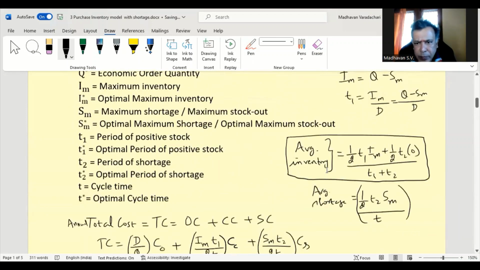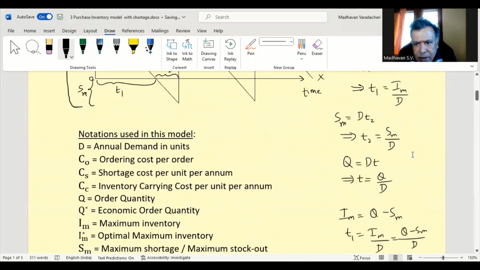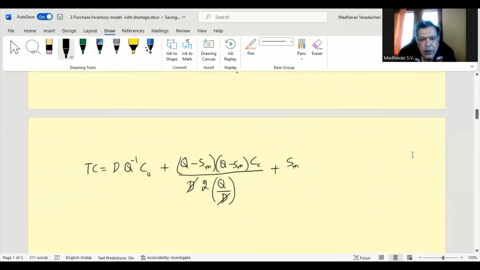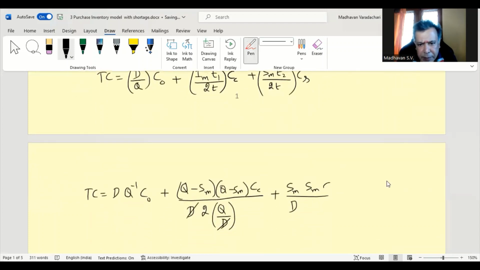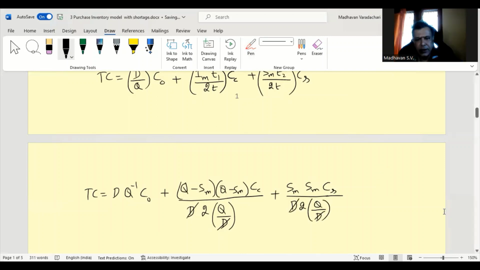T2, what is T2? We may notice T2 is SM divided by D. Then we have CS in the numerator. In the denominator, we have 2 times T. T is nothing but Q divided by D. Again, this D and this D gets cancelled.